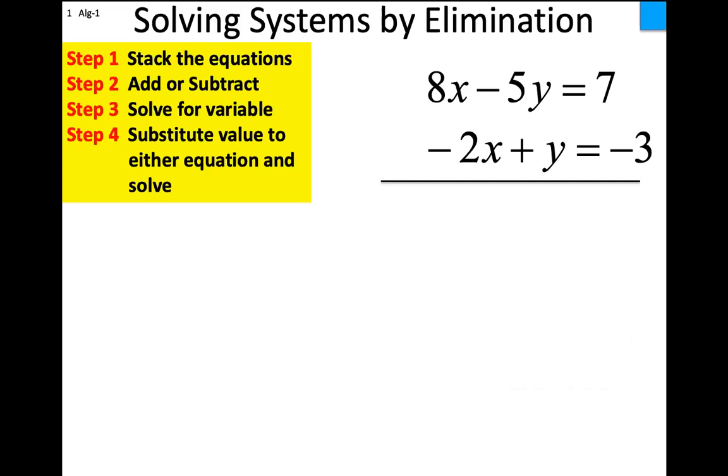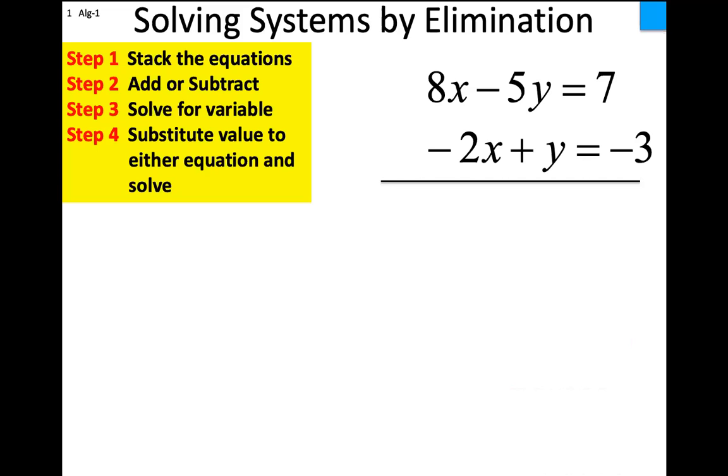All right, Rylan, you pick which one, first or second one? Yeah, let's do the first one. So we're going to let x be 4. So that's 8 times 4 minus 5y, and that equals positive 7. Well, that's a 32. Minus 5y is equal to 7.